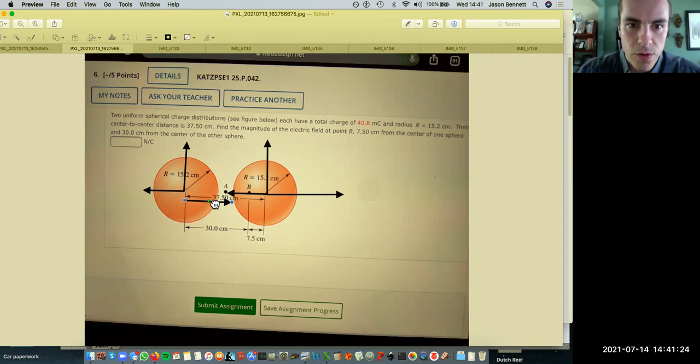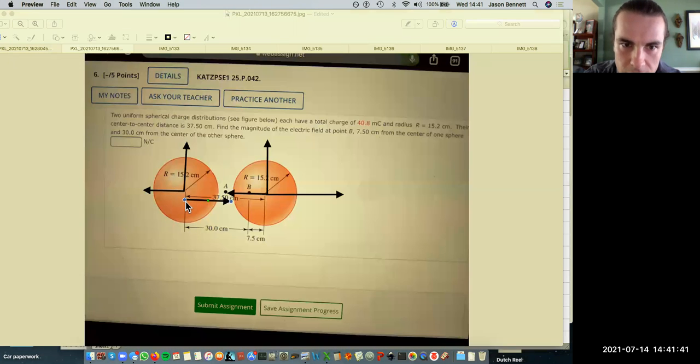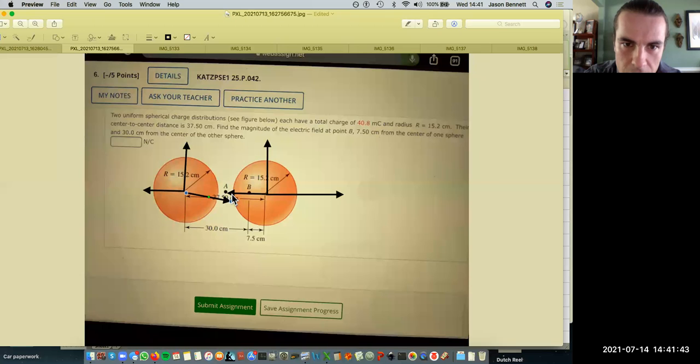So they need to, I don't know why, I don't understand, for instance, why do you do this one minus this one instead of this one minus this one? That doesn't make sense to me, but maybe it's just because of the magnitude.